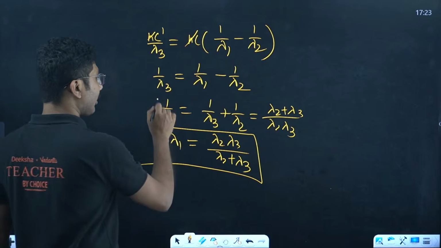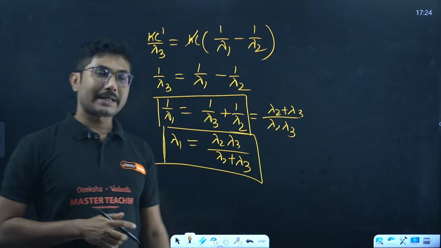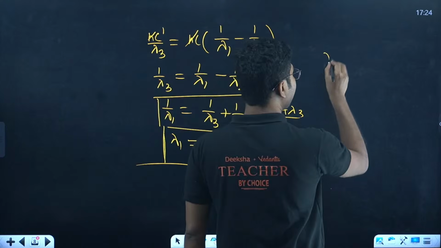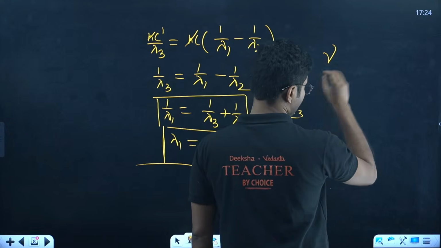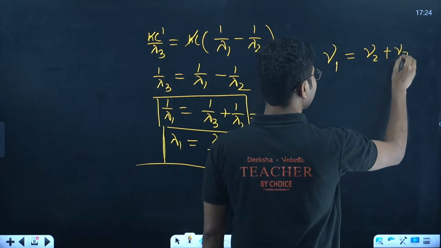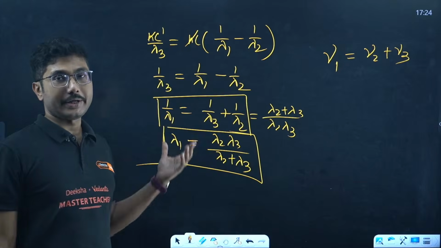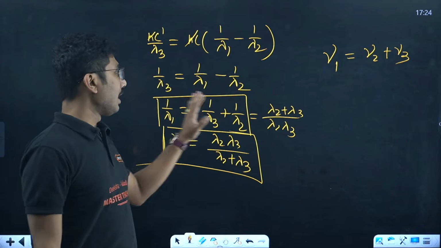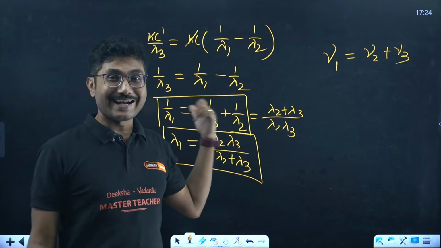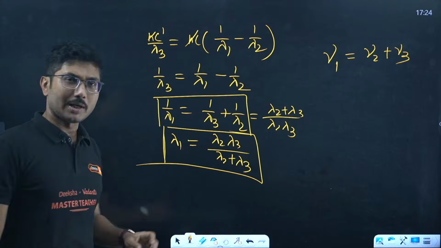So having the knowledge that this is the formula in terms of wavelength, and in case of frequencies, frequency can be added directly. In terms of wavelength, it is done inversely, so wavelengths are inversely added. Frequency is directly added. If you know this formula, then it is a less than 1 minute problem as well.